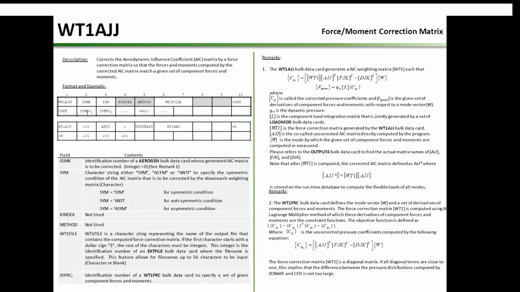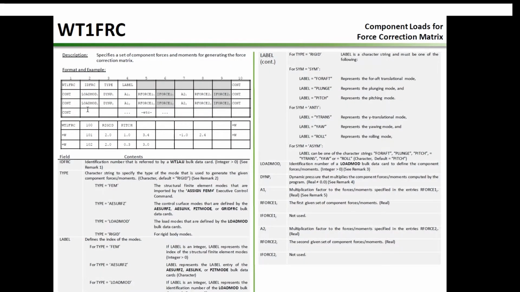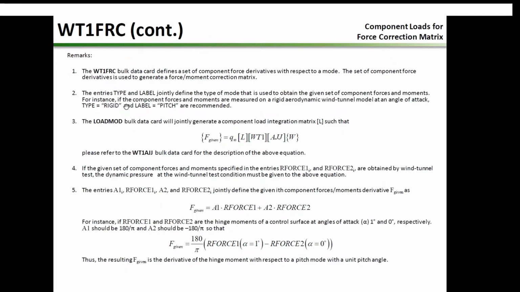The protocol refers to a set of WT1 FRC matrices. Each one will give you a constraint function, so it allows you to specify multiple component loads as constraint functions. The WT1 FRC is used because we want to generate the WT1 matrix times AJJ.